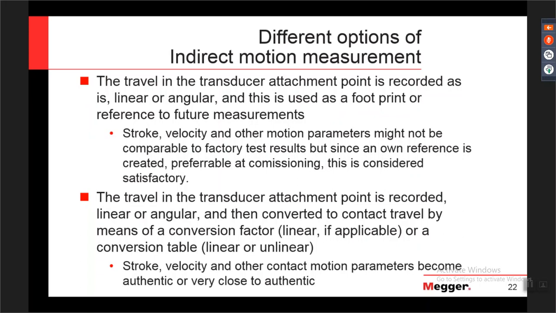So, different options of indirect motion measurement. The travel at the transducer attachment point is recorded as is, linear or angular. This is more about methods in our system, not necessarily how you attach the transducer. This is how our system can measure in different ways.